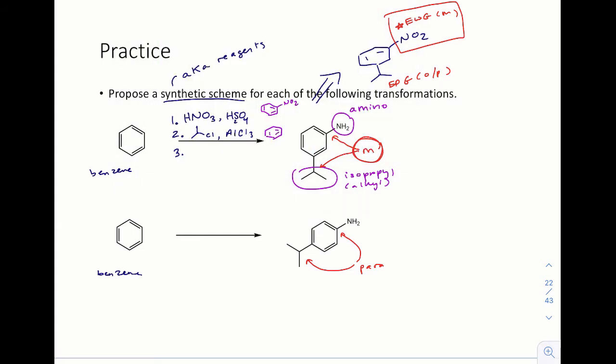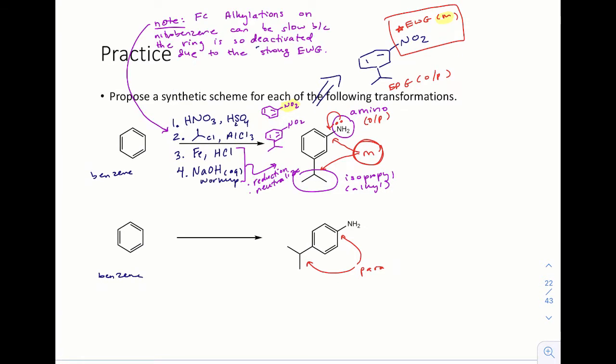It's required to react as an electron-rich species when it has this really extreme withdrawing group on it. So Friedel-Crafts alkylations of nitrobenzenes can be tough. Now, from this isopropyl nitrobenzene, you can reduce the nitro group with iron metal or zinc metal in the presence of hydrochloric acid. That will make the ammonium salt, and then this workup will deprotonate, resulting in the neutral amine.